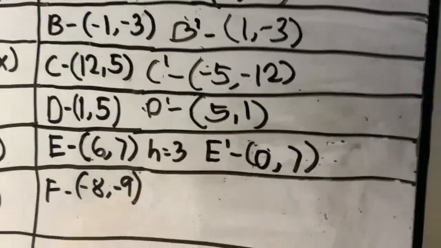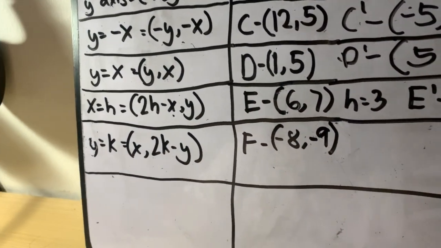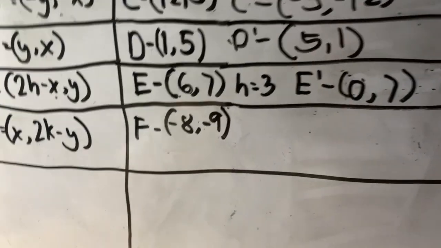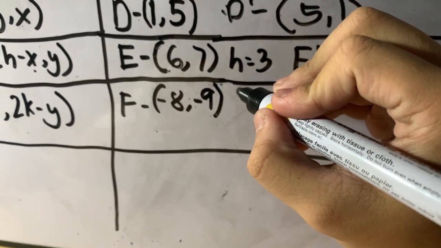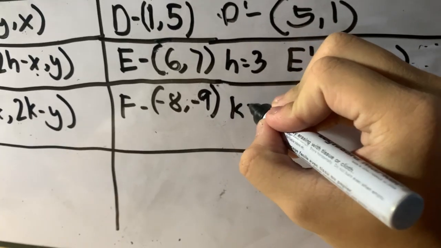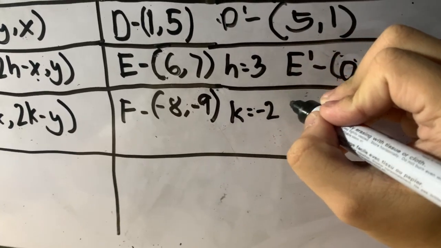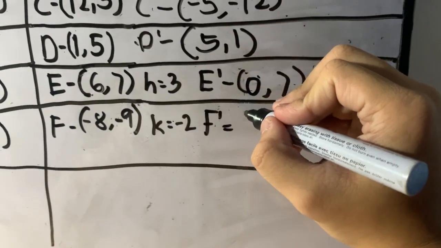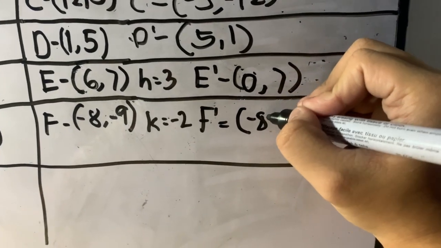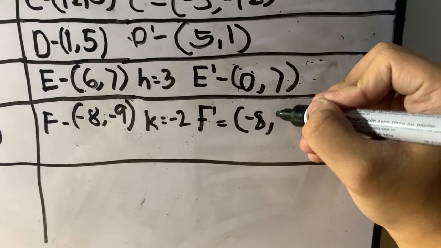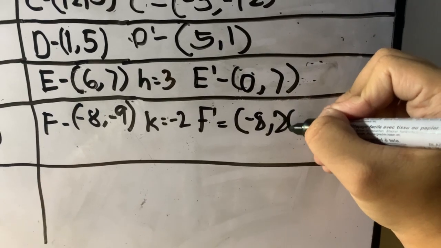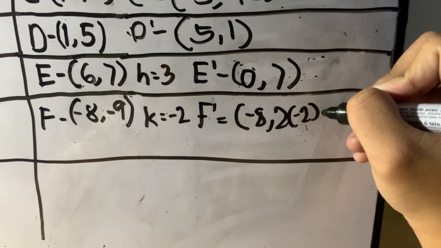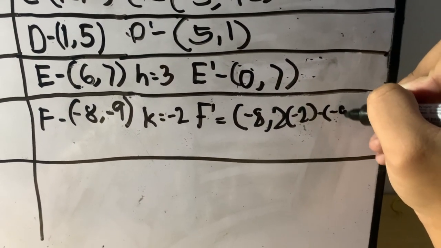So yan. Next, y is equal to k and x is 2ky. So now, let's say h is given to us negative 2. Now, k is equal to negative 2. So f prime is equal to, retain si negative 8, tapos this is the longer one, 2 times yung given ni k, negative 2, and then minus negative 9.